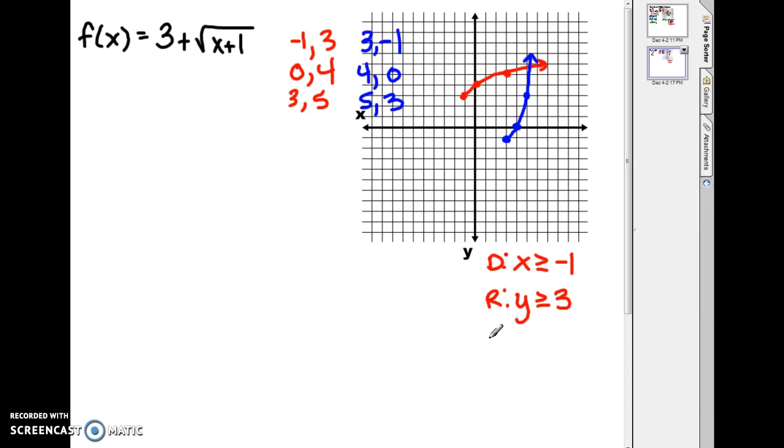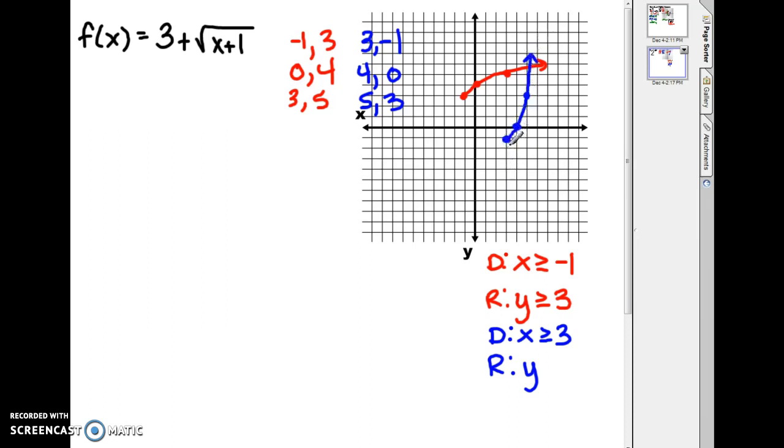Alright, now the blue one, the domain and the range. The domain is left and right. I notice again, this graph is only going right. So it's going positive infinity towards the right. But it starts at this x value, which is 1, 2, 3. Then the range is y's. I again notice that it does not keep going up and down.